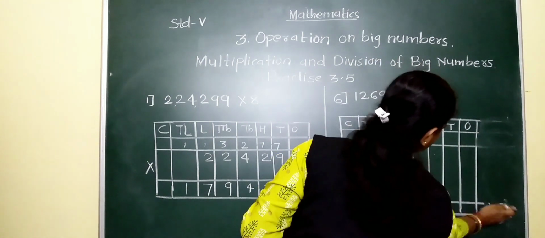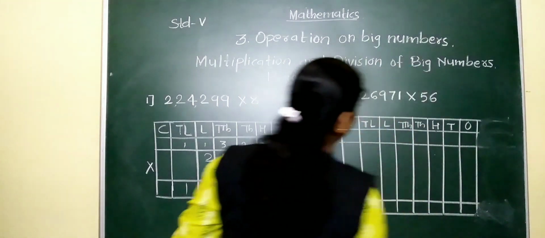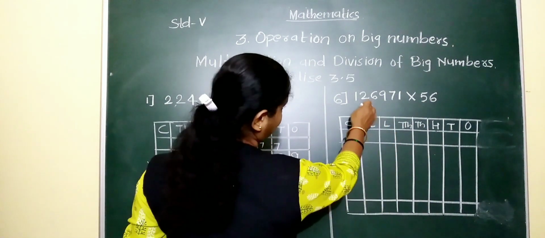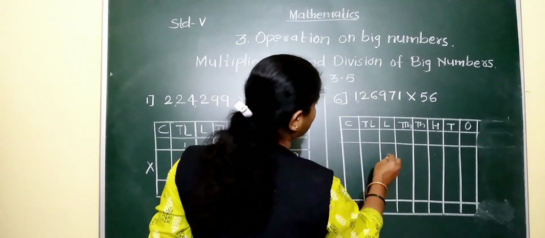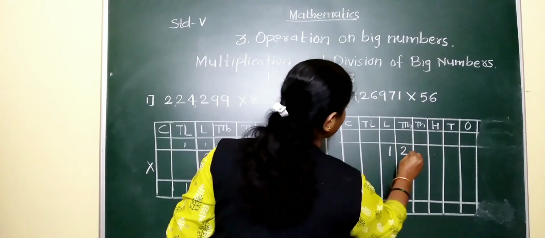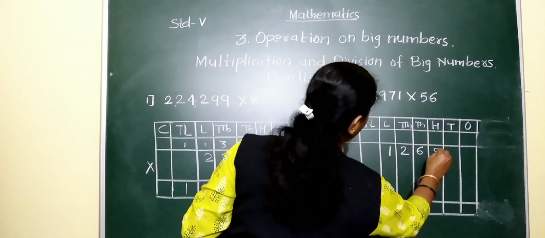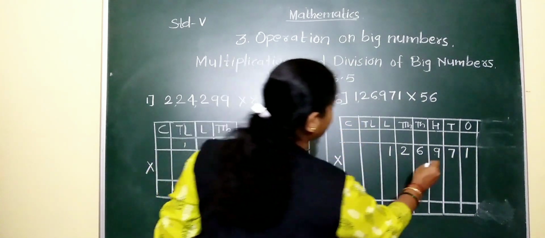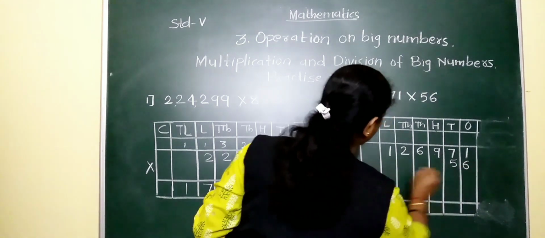Okay. Now we'll put the number. This is 1,26,971 multiplied by 56. Okay.